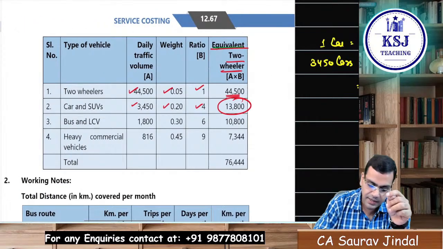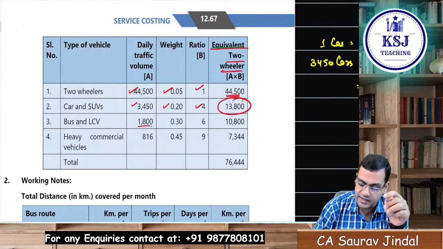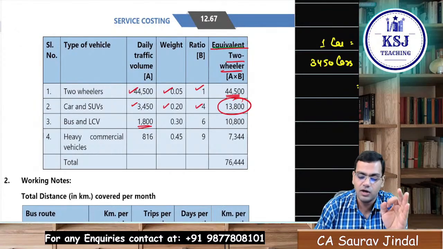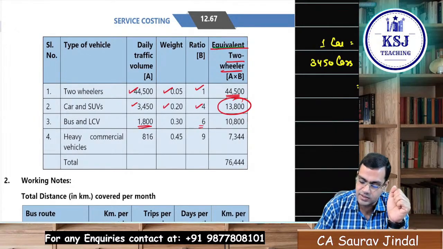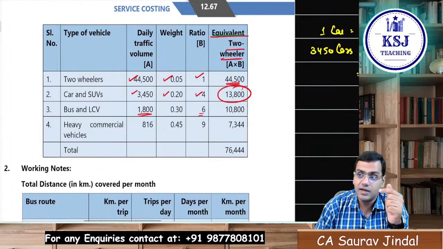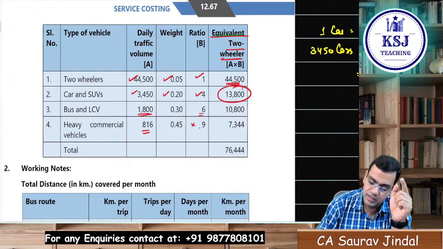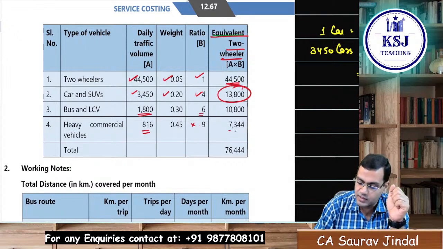Clear? Similarly, bus and LCV, 1800 is the daily traffic volume. Convert it into two-wheelers, multiplied by 6. Heavy commercial vehicle, daily volume 816 multiplied by 9 to convert it into the equivalent two-wheelers. So this is the total equivalent two-wheelers.